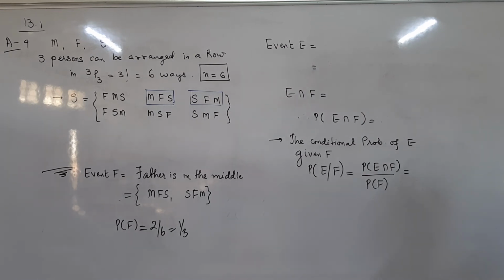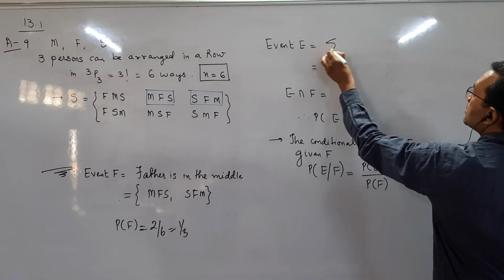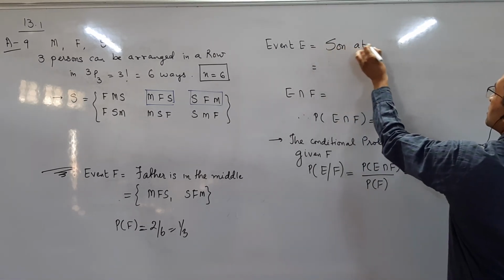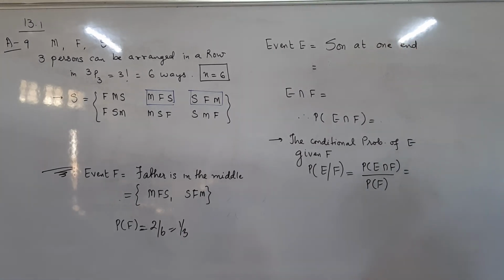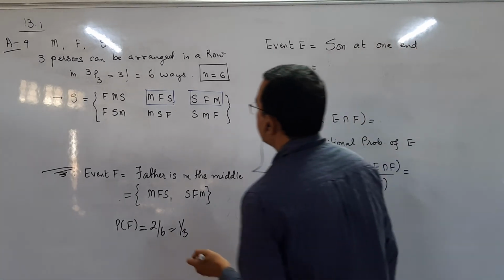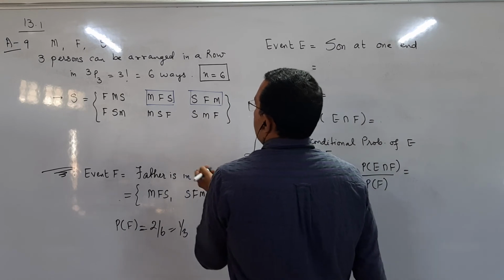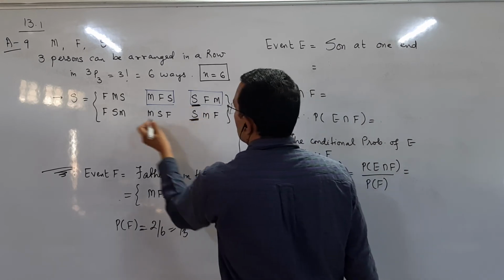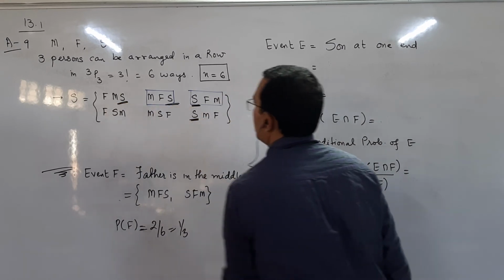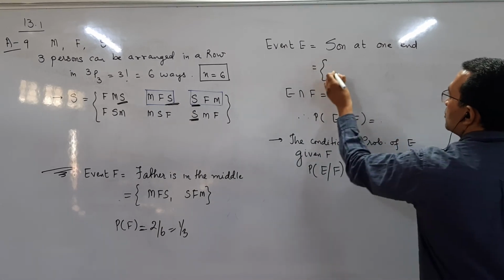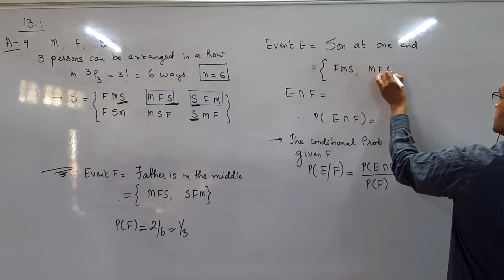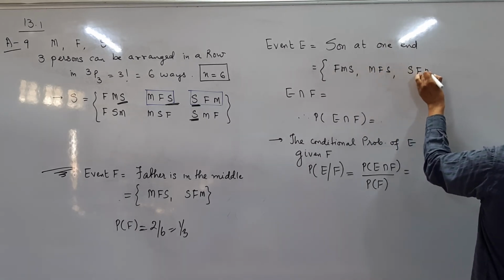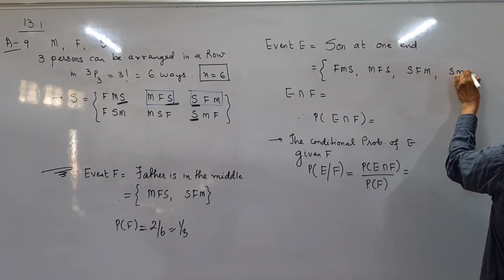Now students, what is event E? Son at one end. Son at one end. So where Mr. Son is at the end, say 1, 2, 3 and 4: FMS, then MFS, then SFM and then SMF.